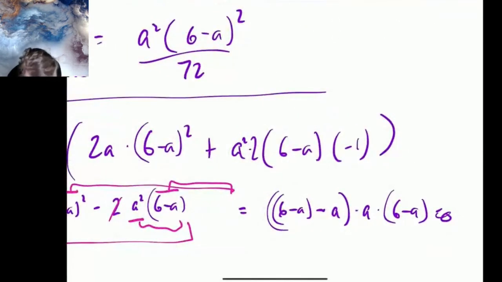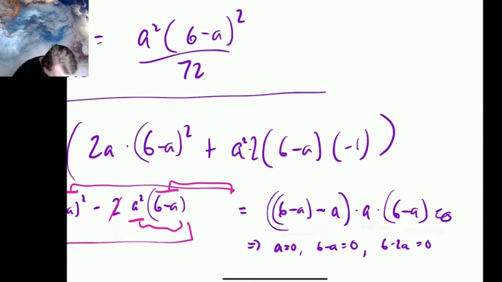Now I have the product of 3 things equals 0, which tells me that either a equals 0, or 6 minus a equals 0, or 6 minus 2a equals 0. Those are my 3 critical points: a equals 0, a equals 6, and a equals 3.